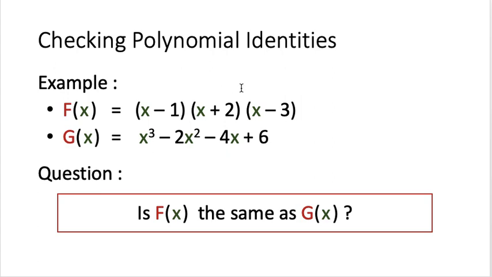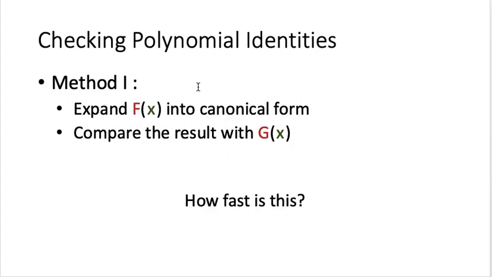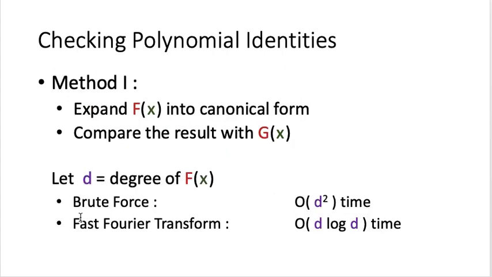So in the end, if there are d terms here, which means that the degree is d, then we are going to use order d squared total computation time. But actually, we can do it a little bit faster. There is a method called Fast Fourier Transform, which can do the whole process in order d log d time. But even so, we still want to see whether we can do it faster.